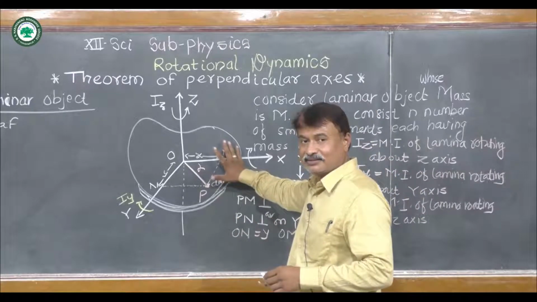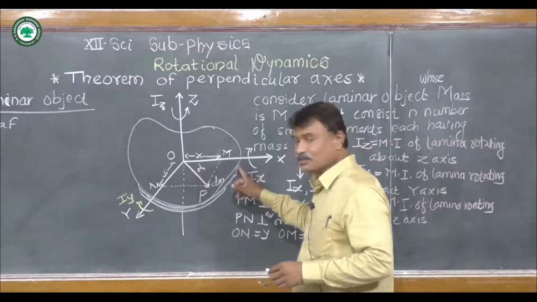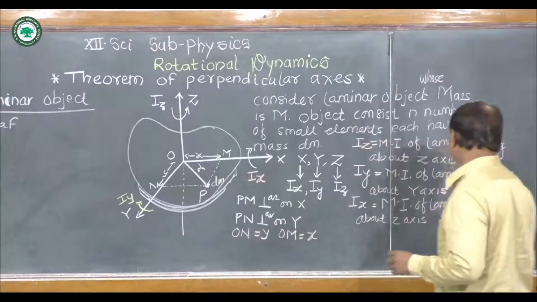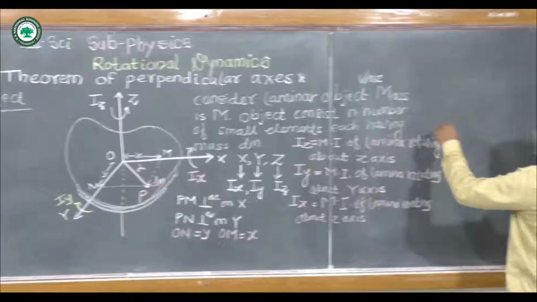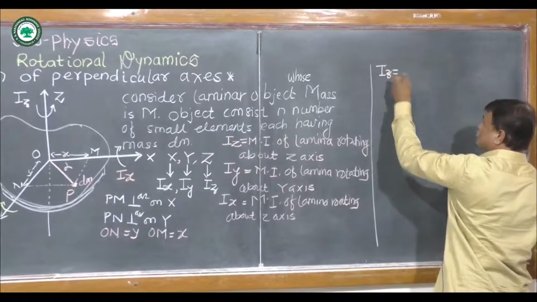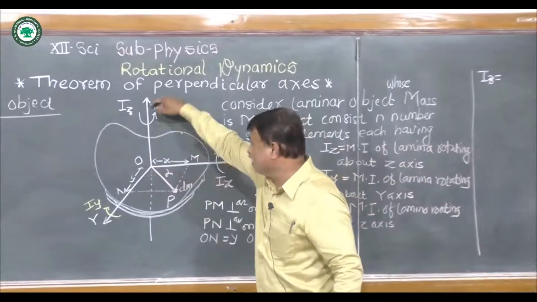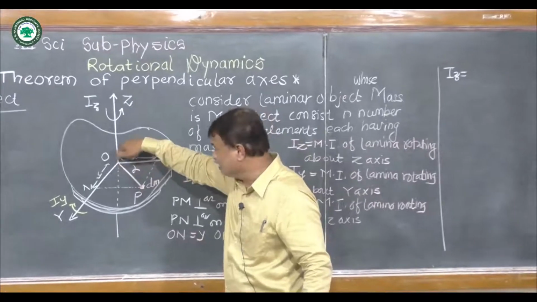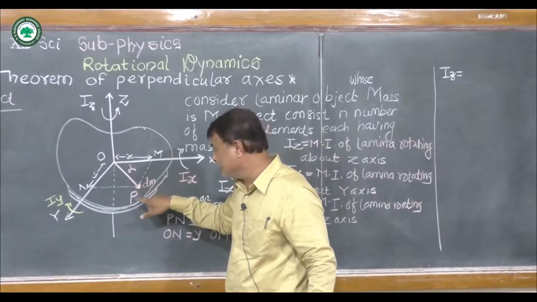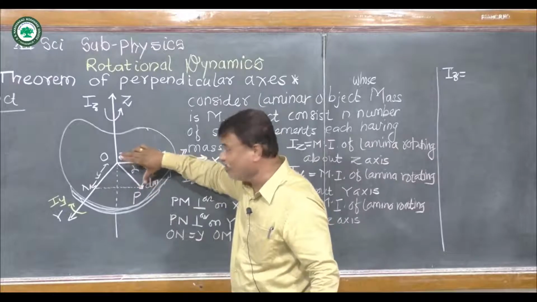Now, as we know that there is a uniform distribution of mass, for the moment of inertia, we write the formula of Iz like this: Iz is equal to, instead of summation, we write integration. So from the z axis, the particle or small element which is situated at point P has mass dm, and its distance is given by OP.